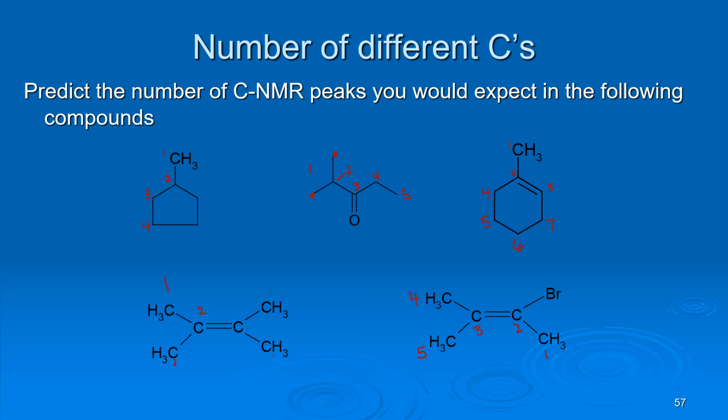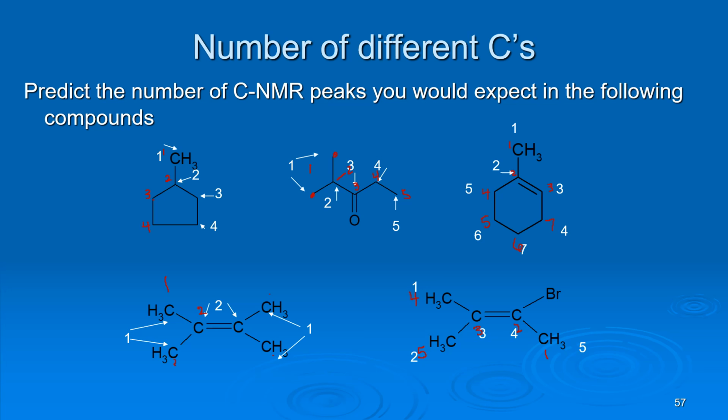And we talked about that before because this carbon is closer to the bromine than this one is. So they're going to be slightly different. So I got my numbers there. All right, we can see that.